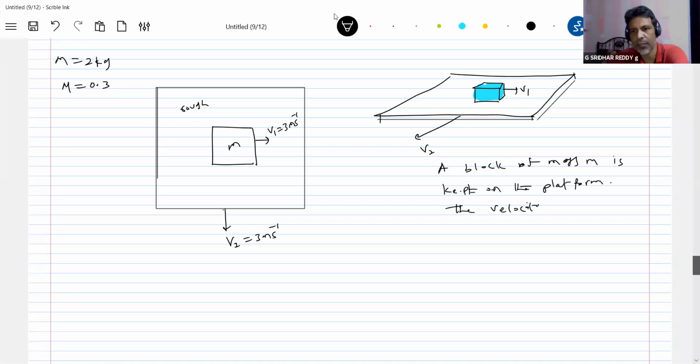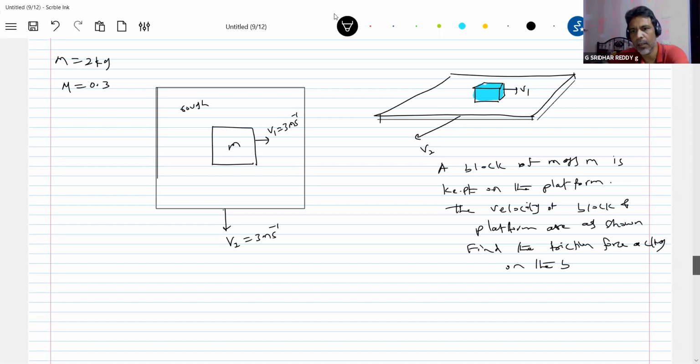The velocity of block and platform are as shown. Find the friction force acting on the block.